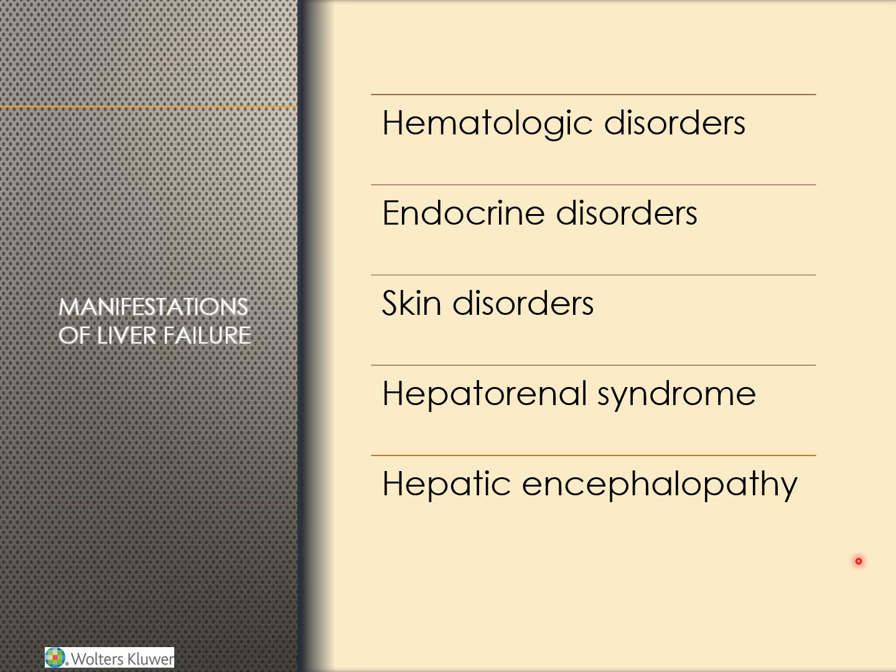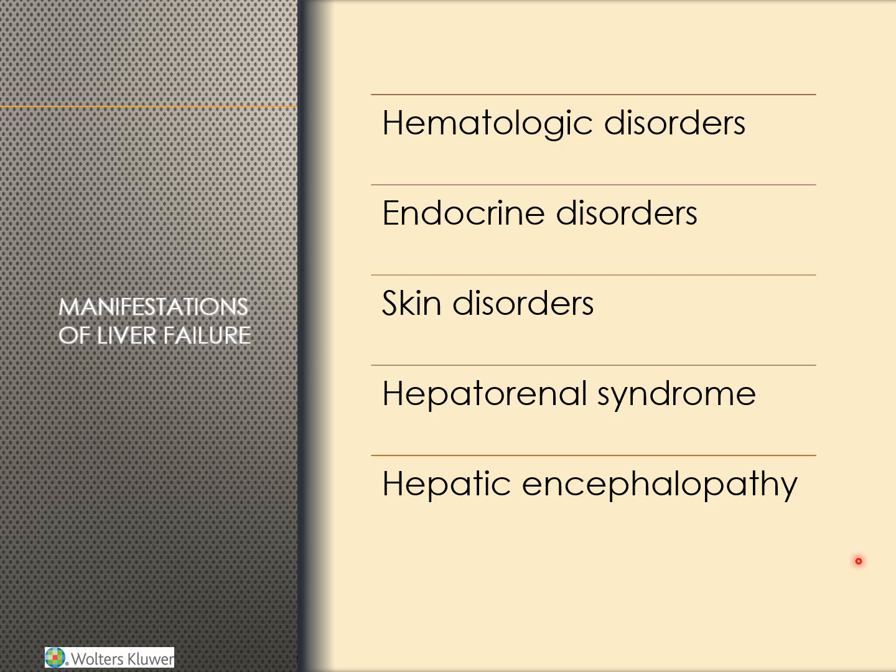Endocrine disorders often occur, so things like hypoglycemia because of the lack of gluconeogenesis through the liver, things like gynecomastia and testicular changes because of sex hormones, and hyperaldosteronism. Those are just some examples of endocrine disorders that can occur. There are a lot of skin disorders, as we just mentioned, things like jaundice, things like changes to the blood vessels in the skin. Itching is relatively common.